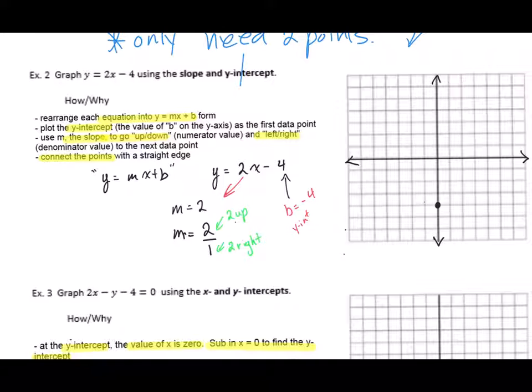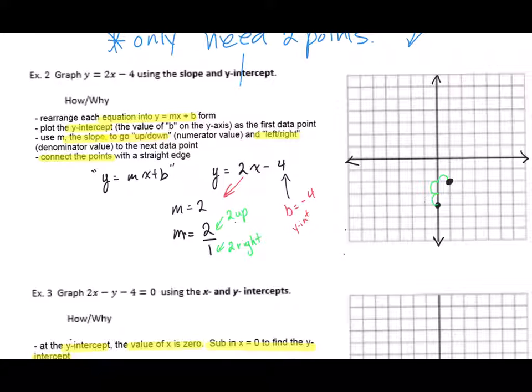Now, in order to get the rest of this graph, we have to use the concept of rise over run. So in this case, we said we have to go 2 up, count 1, count 2, and then 1 to the right, 1. And now we'll just fill in our final point.